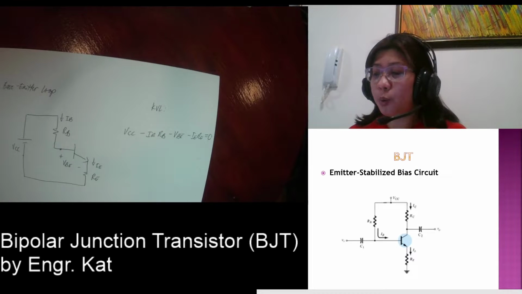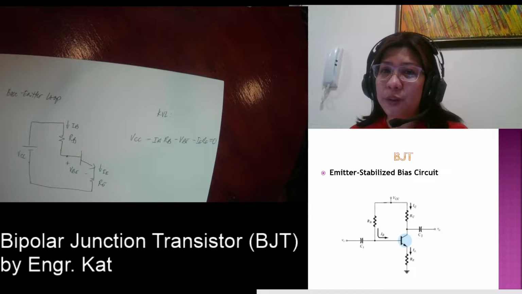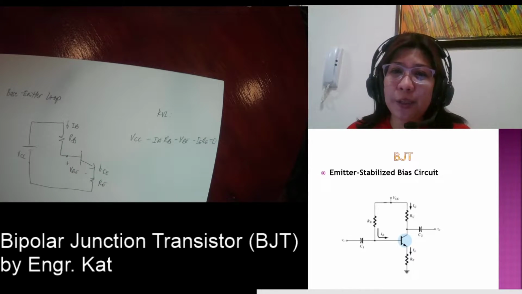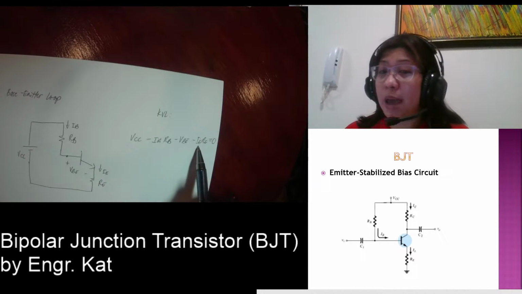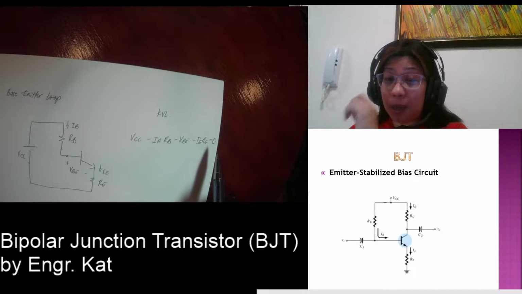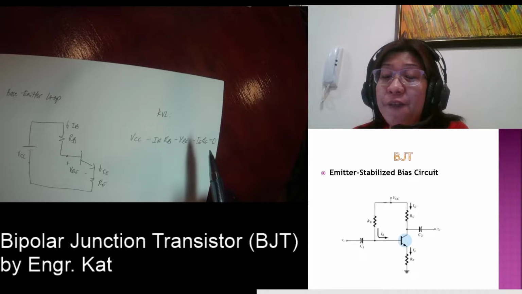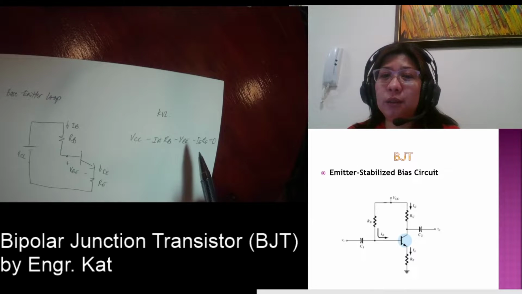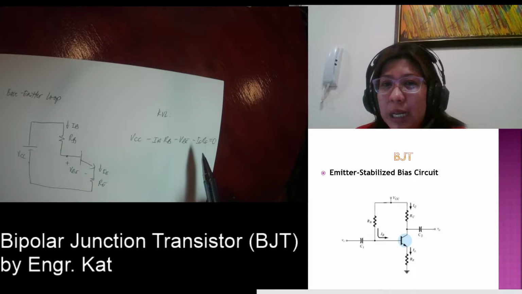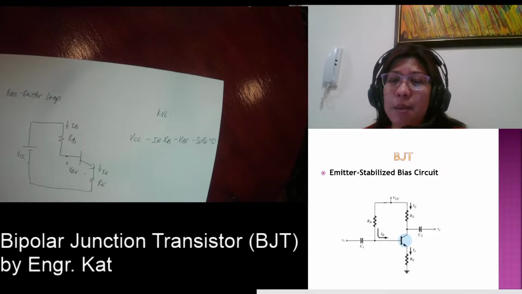Okay, so unlike in the fixed bias configuration, we cannot solve right away for IB. Why? Because in this case, we have two unknowns, IB and IE. But as you can remember, we have a formula showing the relationship between our IB and our IE.